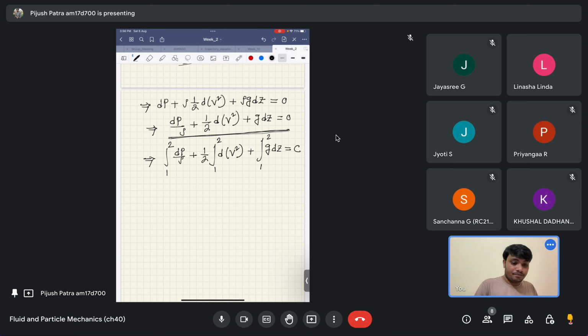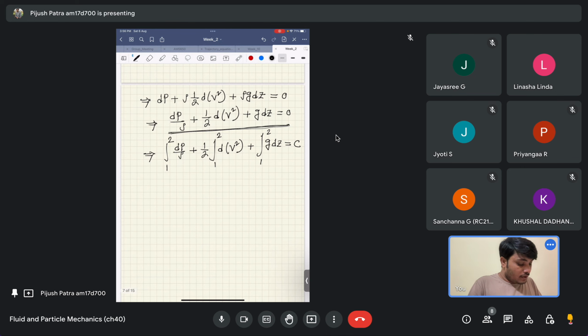Constant, right? So for now, this particular equation is valid for both compressible and incompressible flow. There is no difference. The Bernoulli's equation for compressible and incompressible flow is the same.